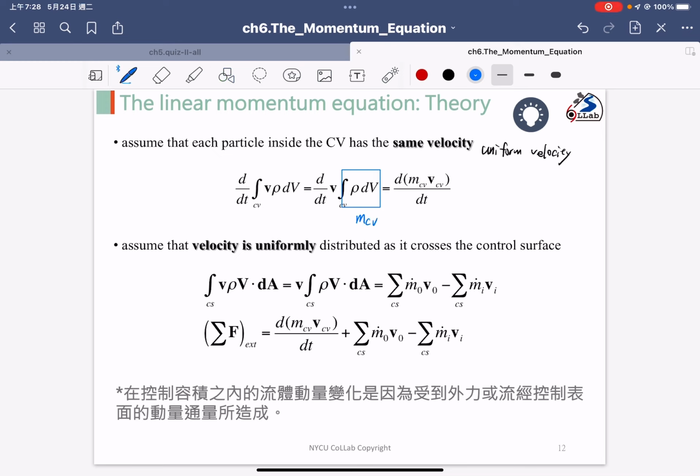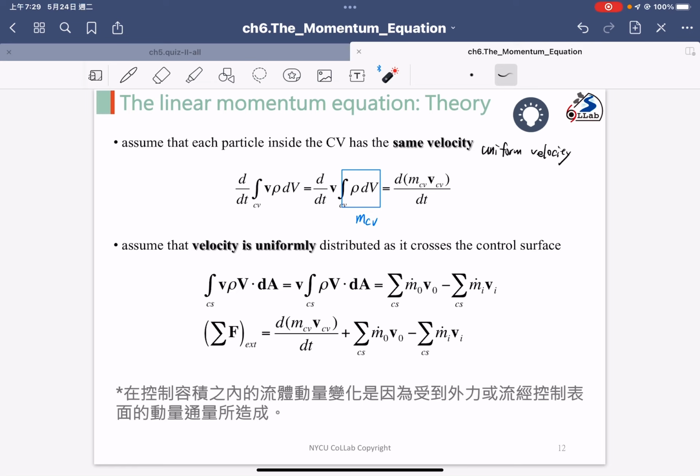So our equation integrated along the control volume will be d(m_CV V_CV)/dt. And for the control surface integration, we can also take the constant velocity outside, because we assume the flow velocity is uniform.